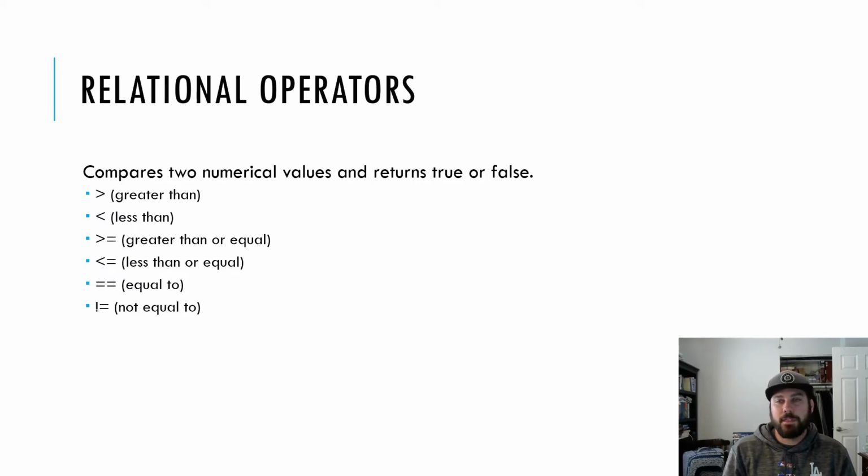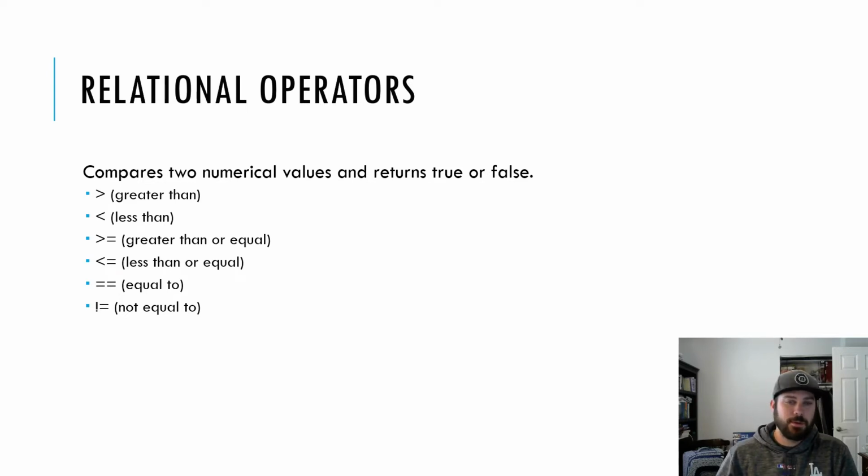Right? In math class, it was always something like an equation, and we were trying to solve it. These ones instead are comparing actual values, and they're just telling us whether it's a true statement or a false statement. These are very useful in conjunction with if or conditional statements. So that's why we're going over these at the same time.